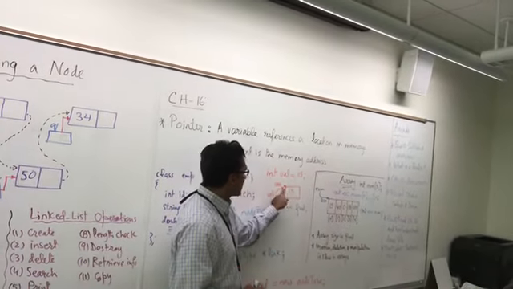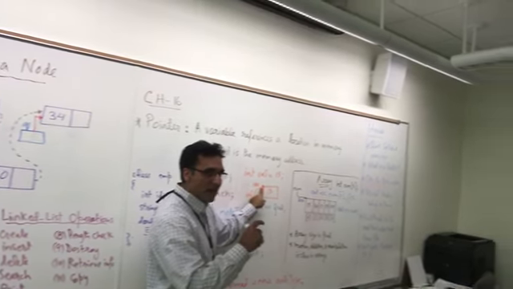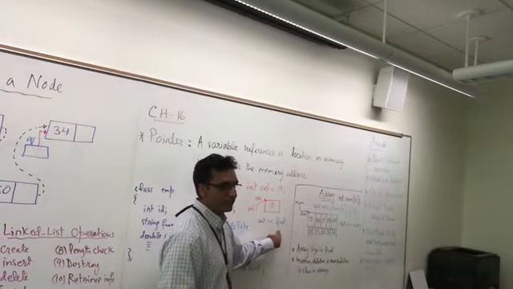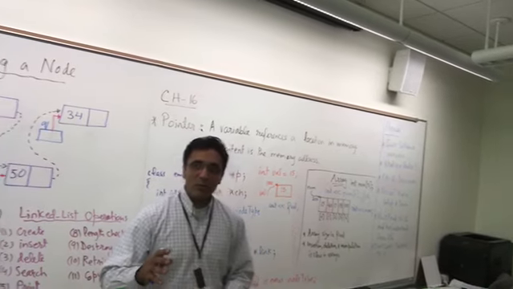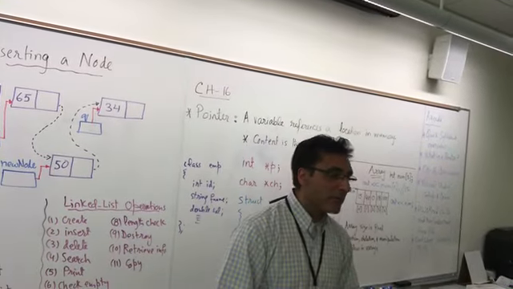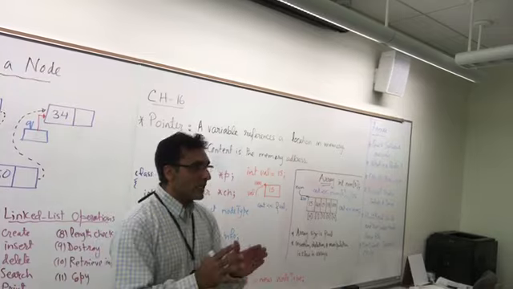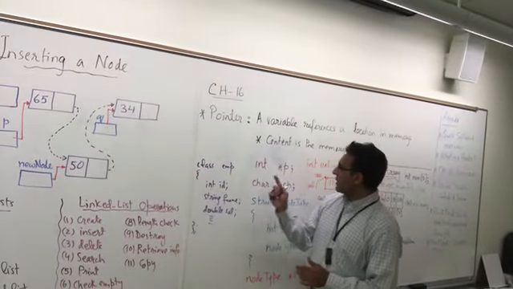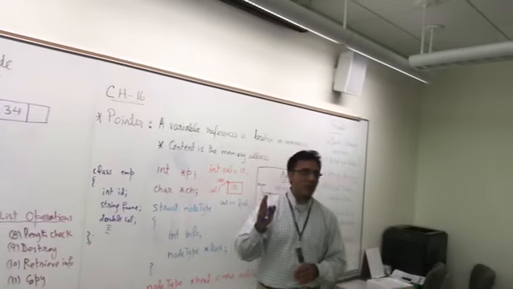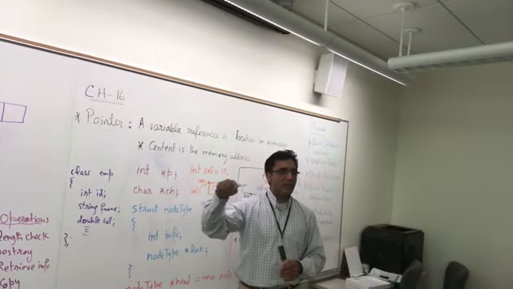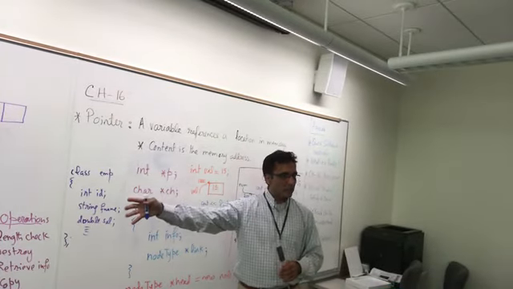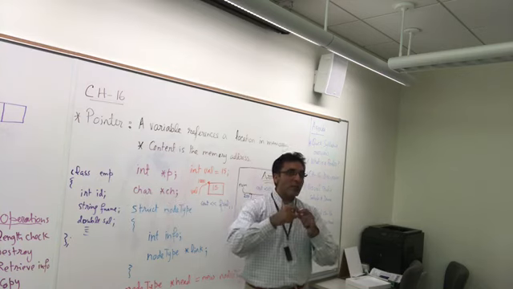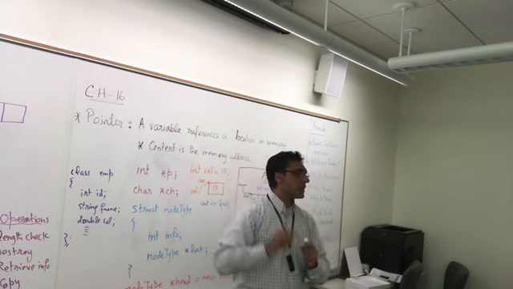If I want to see the location of this particular value, 15, I have to use the ampersand sign. Okay? So when you go over chapter 12, you will see you declare a pointer p, then it will show you equals ampersand sign some value. So your pointer can point towards that location.